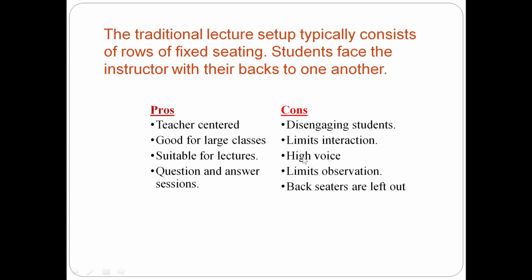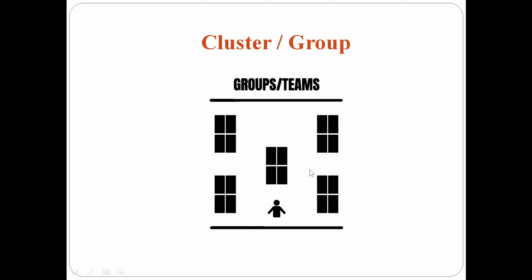Another thing is a high voice: a teacher with a high voice can deliver the lecture very well in this setup. It also limits observation, and back seaters are left out. The teacher cannot go to the back benchers. So these are the pros and cons of this traditional setup.